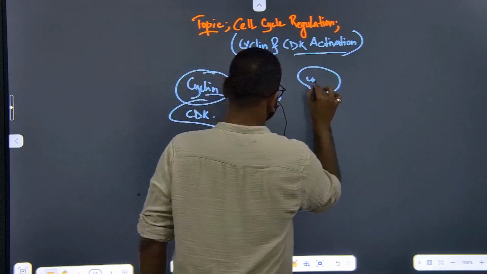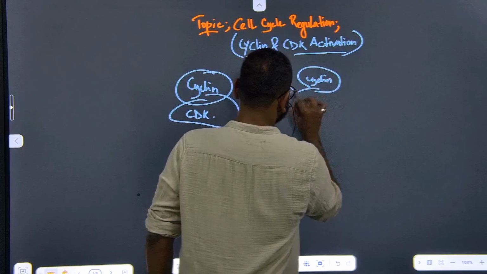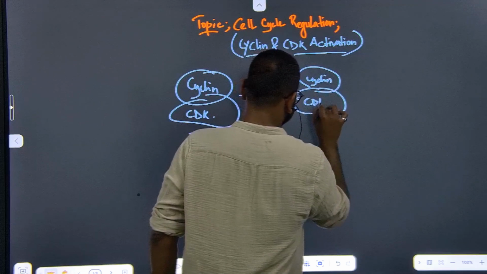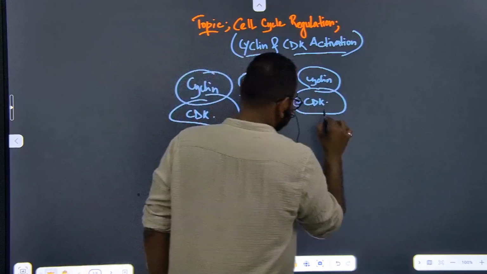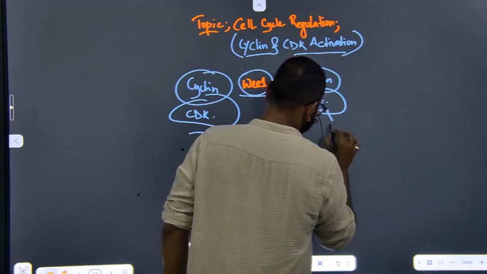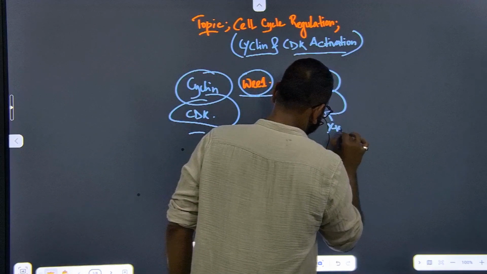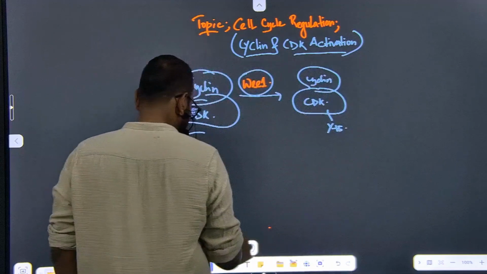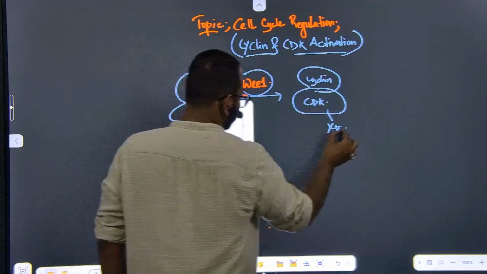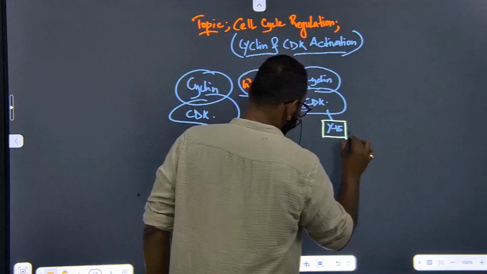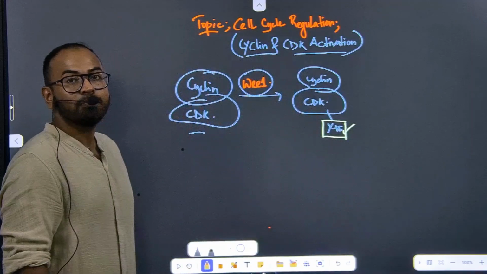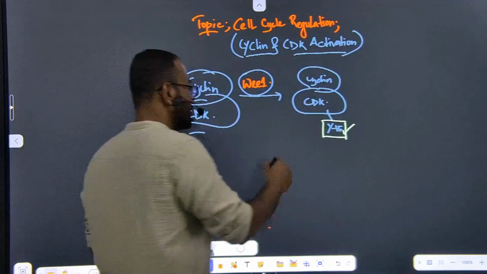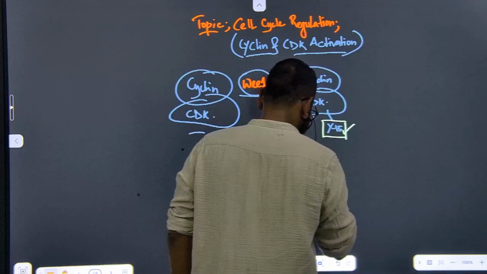This is our cyclin, this is our CDK. V1 phosphorylates CDK at tyrosine 15.